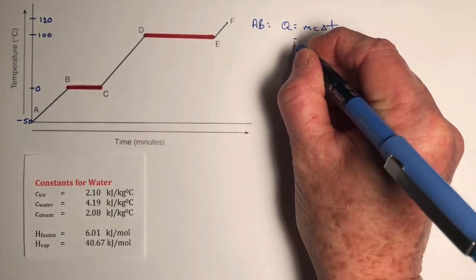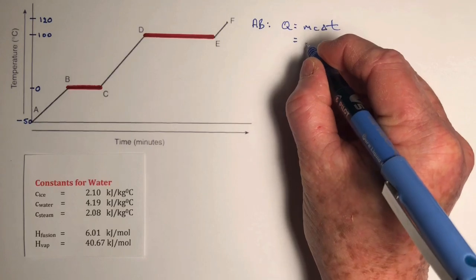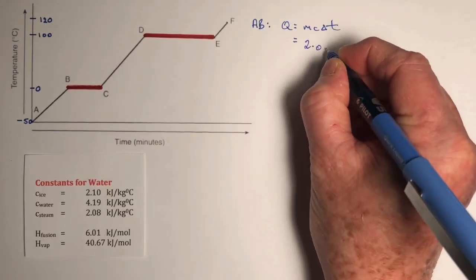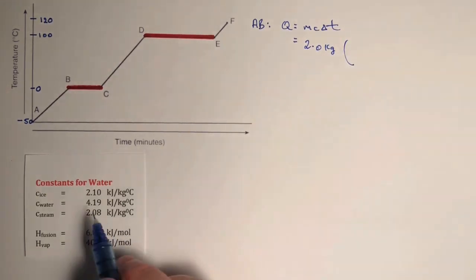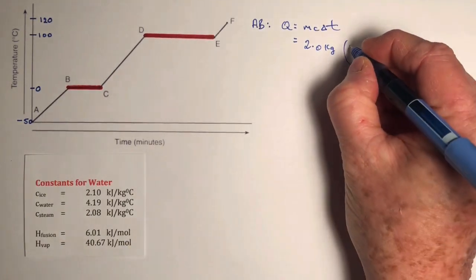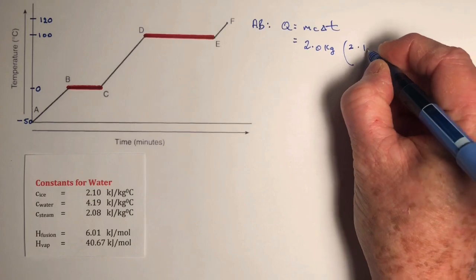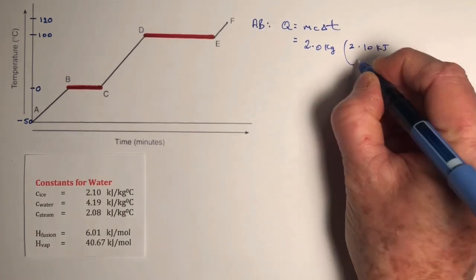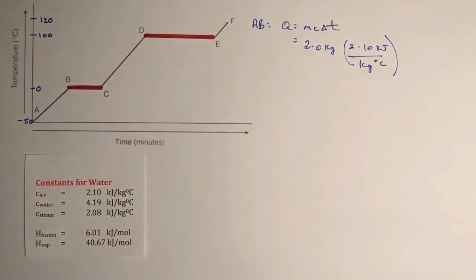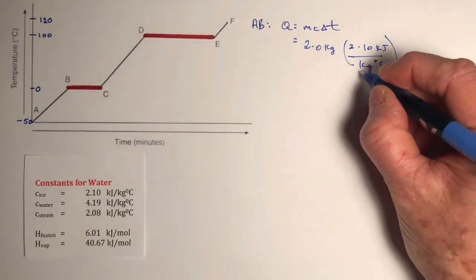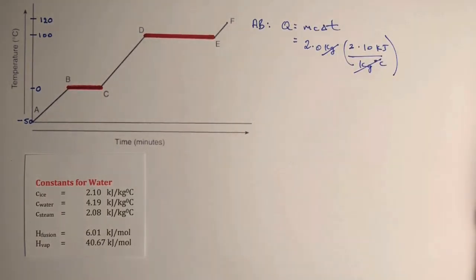And then we said that the mass is going to be 2 kilograms. So let's use 2.0 kgs. The specific heat capacity, like I said, is right here. It's going to be 2.10 kilojoules per kilogram degree C. We shut that in. We can see immediately that kilogram and kilogram will cancel.